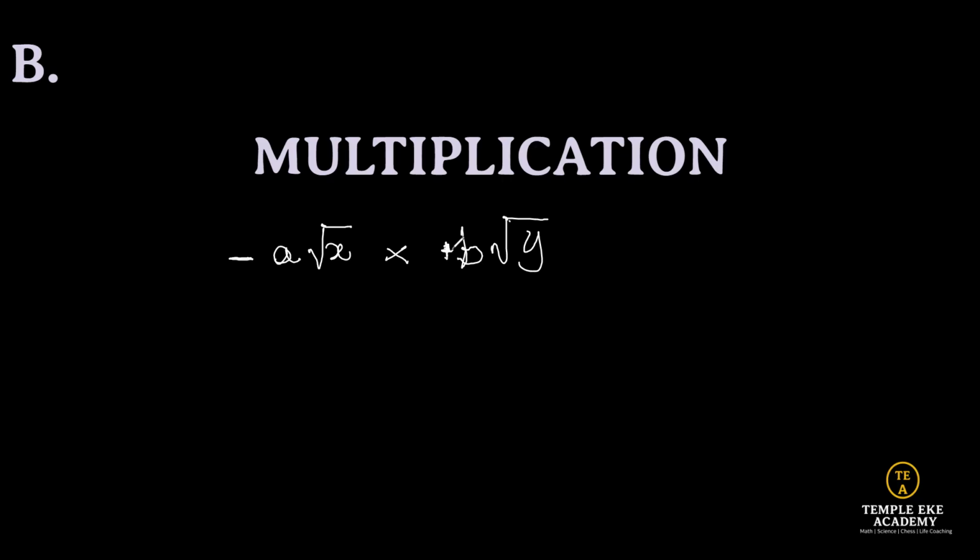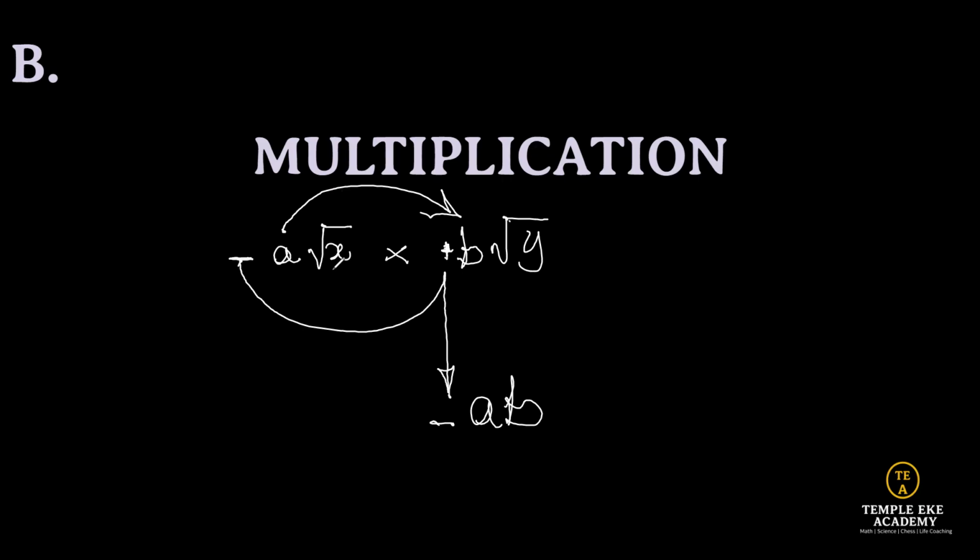Now we multiply every component, sign for sign. So plus times minus gives us the minus, the prevailing sign. Rational part for rational part, which is a times b, gives us ab. Then irrational part for irrational part.